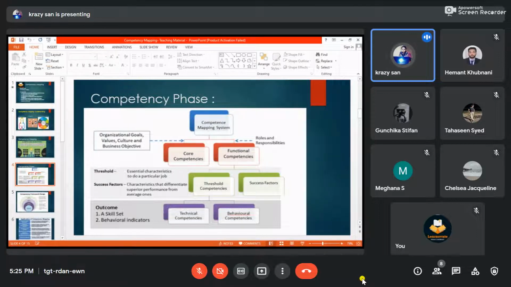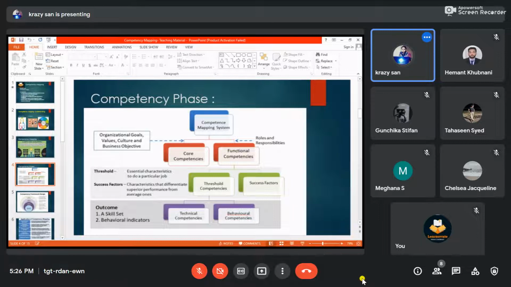So threshold competencies are the essential characteristics needed to do a particular job, and success factors are characteristics that differentiate superior performance from average performance. In threshold competency there are two types: behavioral and technical. Behavioral might be how politely you talk, how patiently you perform, how smart a worker you are, how you behave with your superiors and juniors, or, as a team leader, how you combine with the team and fulfill the particular goal of the organization along with the individual.